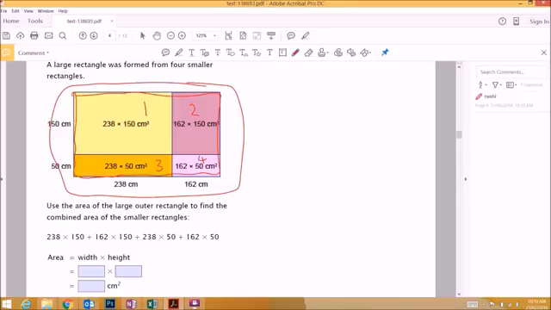So to find the area of a rectangle, we need to multiply the length by the width. So if we find the length, that length there is 150, and that one's there 50.